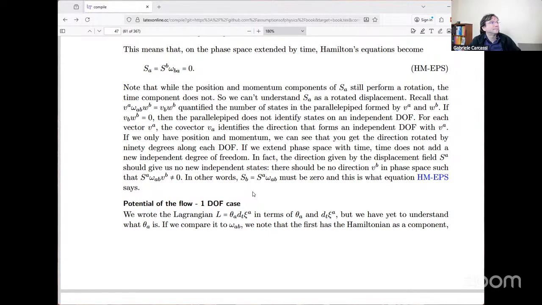Recall that by taking this scalar product with the symplectic form in the middle, that quantified the number of states in the parallelepiped formed by the two vectors. If that term is 0, then the parallelepiped does not identify states on an independent degree of freedom.